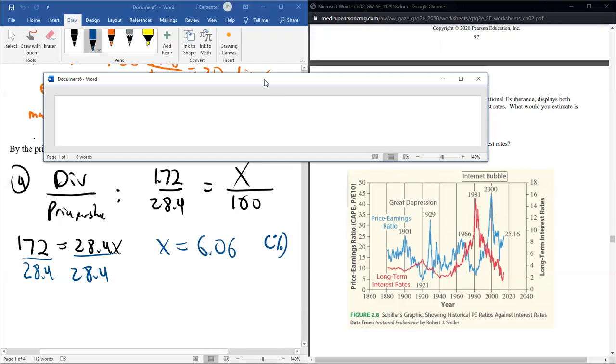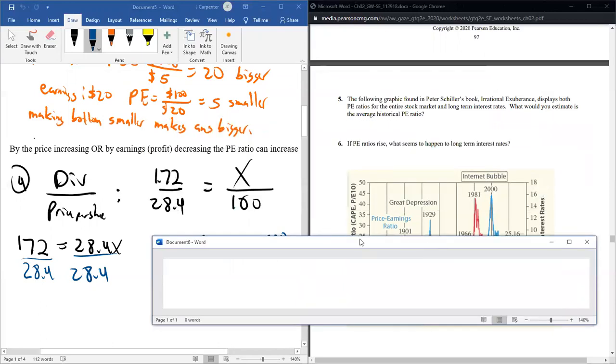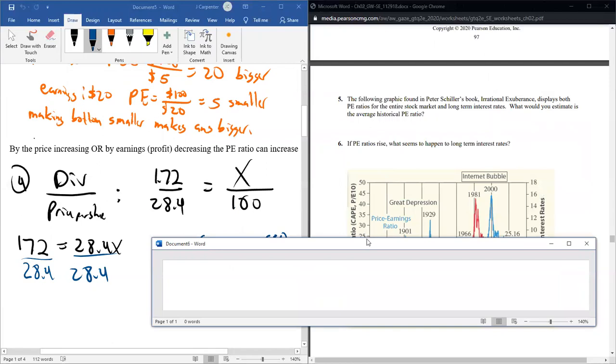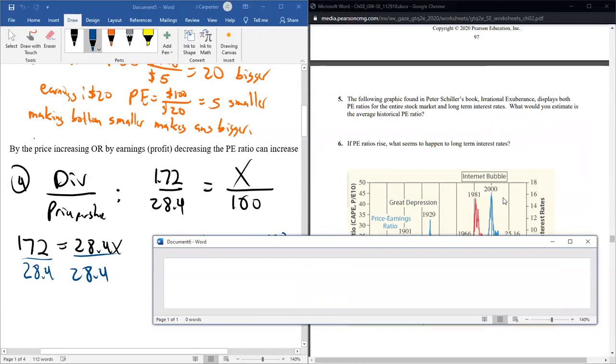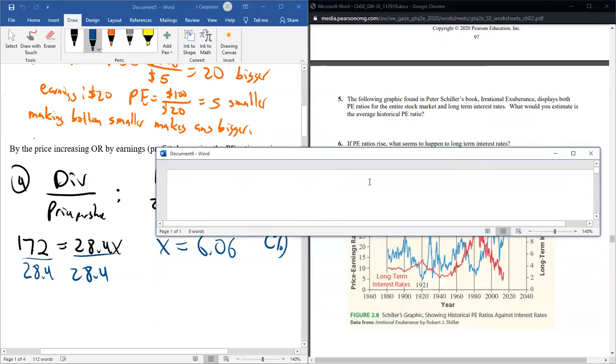The idea is if I find the historical average, so if I put my piece of paper, I'm using the top of this border right now, so I'm putting this at a height of 25. If I see roughly half of the blue ink above 25, and then if I look at the below part of it, so now I'm covering up above 25 and I can only see below, if I see half of the blue ink, then that would be the historical average.